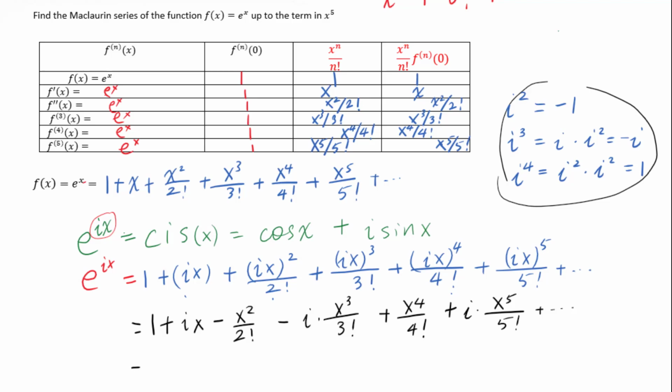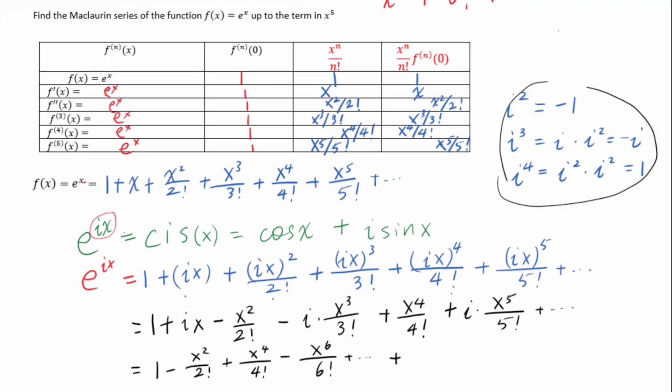Combine like terms, we will get 1 minus x squared over 2 factorial plus x to the fourth power over 4 factorial minus x to the sixth power over 6 factorial, and so on.